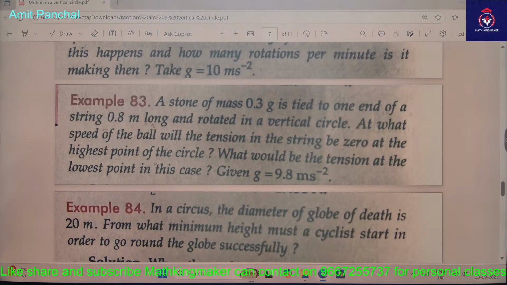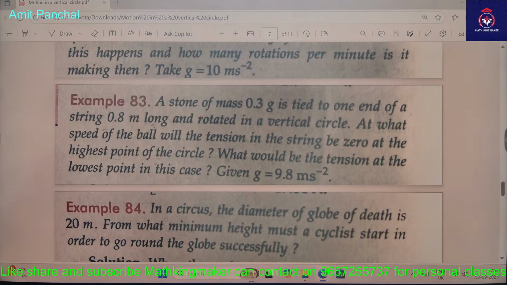And we put the mv square by R. This will become 0.3 into 2.8 square divided by 0.8, equal to tension minus 0.8.